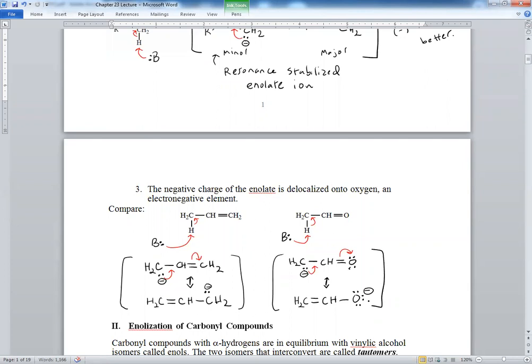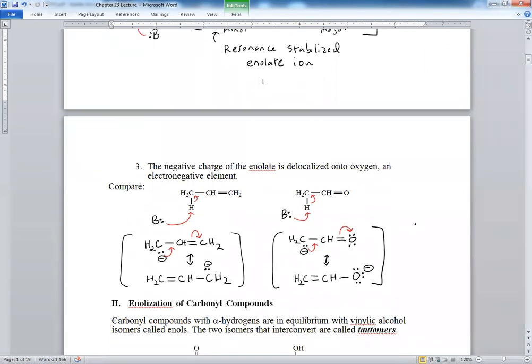Again, why does the carbonyl with oxygen in it make the enolate more stable?